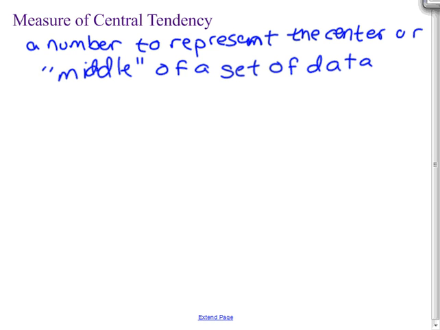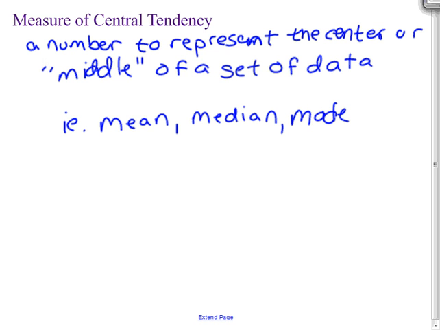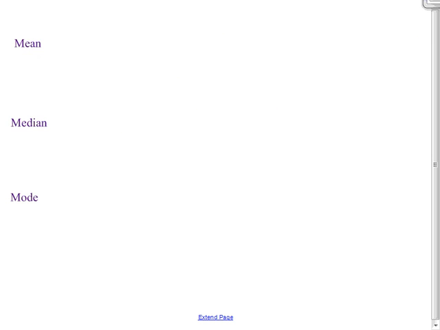So when we're looking at what happens in that middle area, that's why it's called central tendency, center. Examples of these would be your mean, average, median, middle number, and mode, most often number. So those are the three that you should be familiar with. Those are all measures of central tendency, looking more so in the center of your data.